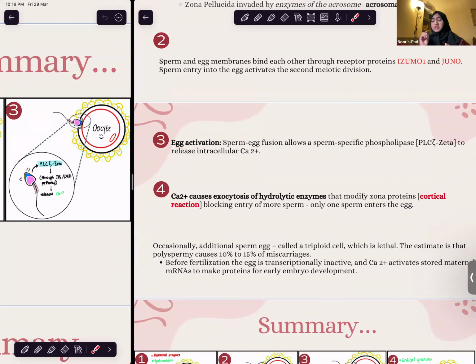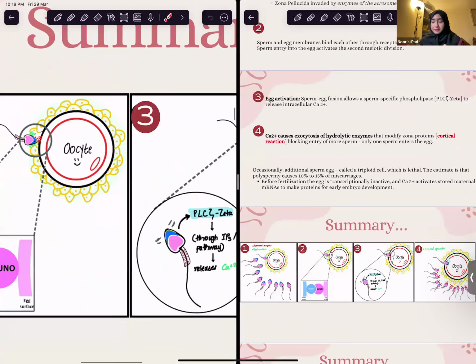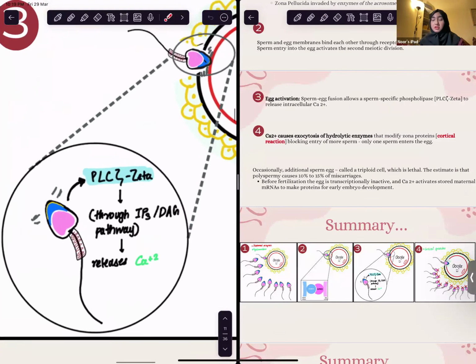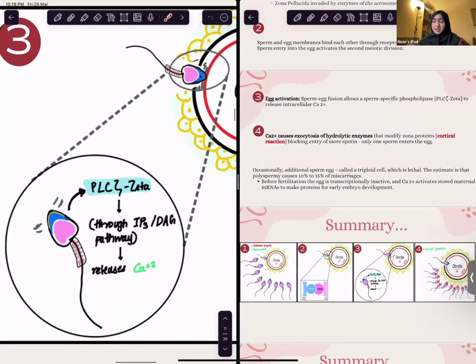Now, egg activation basically means the sperm-egg fusion allows a sperm-specific phospholipase, which is phospholipase zeta, to release intracellular calcium. Okay, please look at the picture on the left. So the next step, what happens? When there is a fusion of the sperm and egg, there is something called phospholipase zeta released from the sperm.